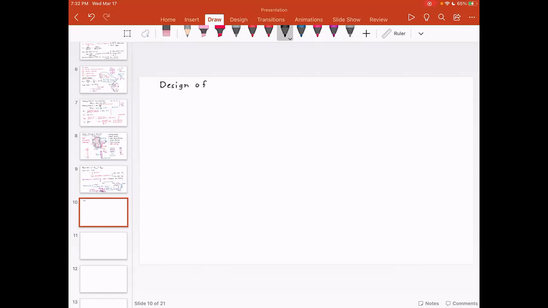Okay, design of bevel gears. Now, what is the difference between the spur gear or the helical gear versus the bevel gear? So if you look at the spur gear or helical gear, the shafts are parallel to each other.